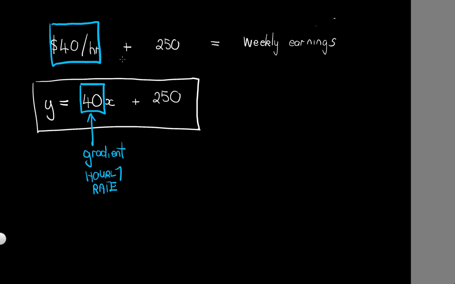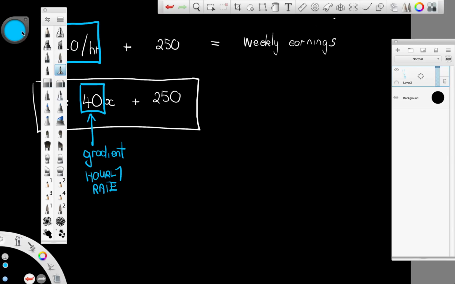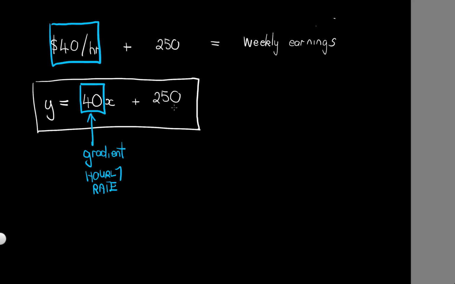The amount we earn regardless, in other words, the amount they pay us up front before we've actually worked any hours, this value here, that is the y-intercept. And that is our base amount, if you like.